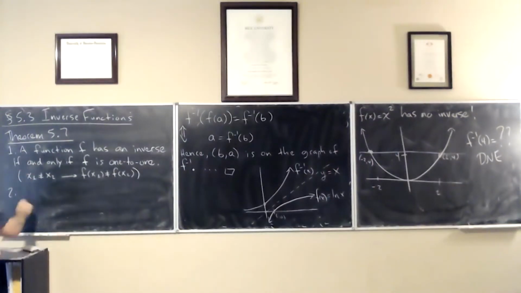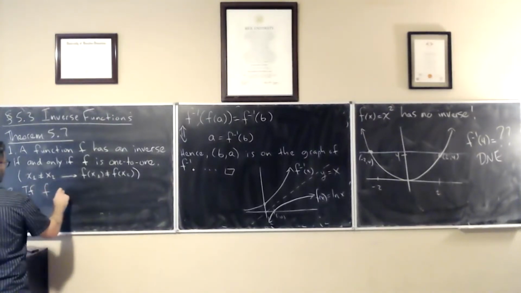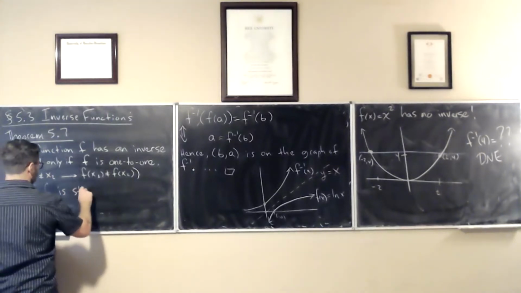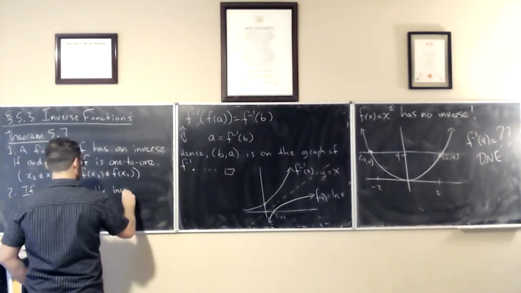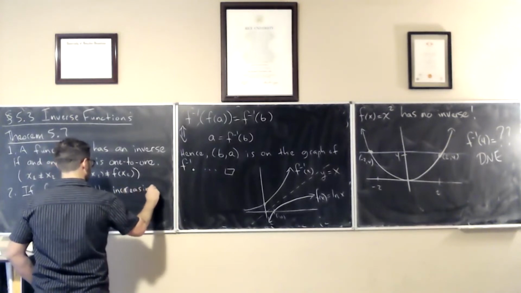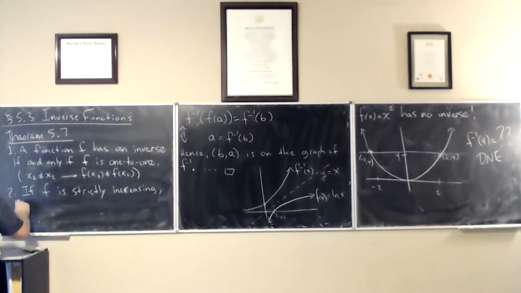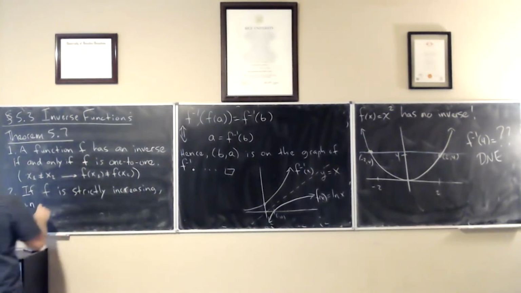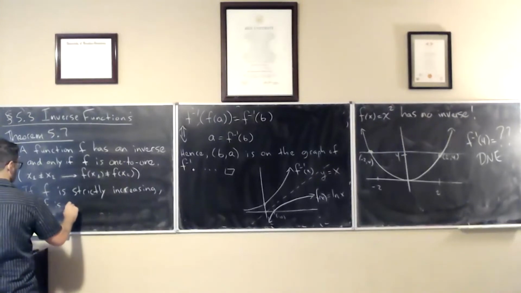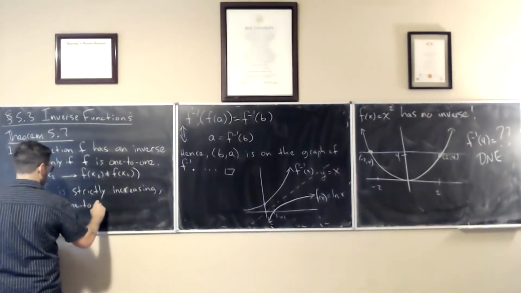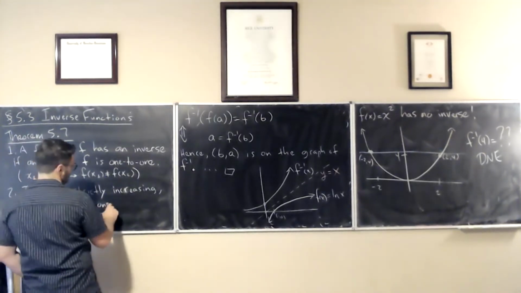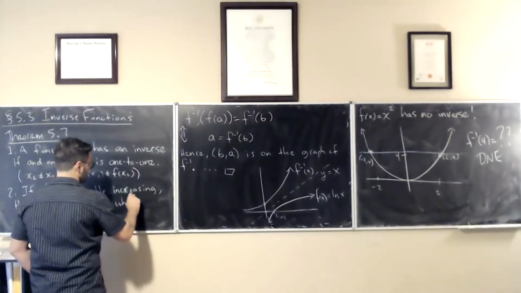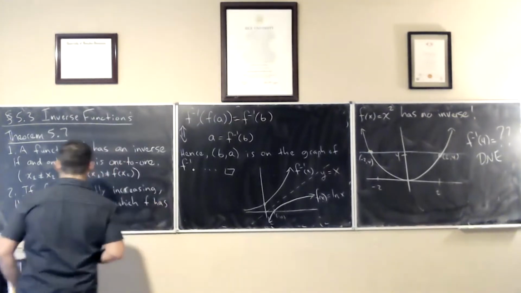And then part 2, in addition to part 1, if f is strictly increasing, then f is 1 to 1, which implies f has an inverse.